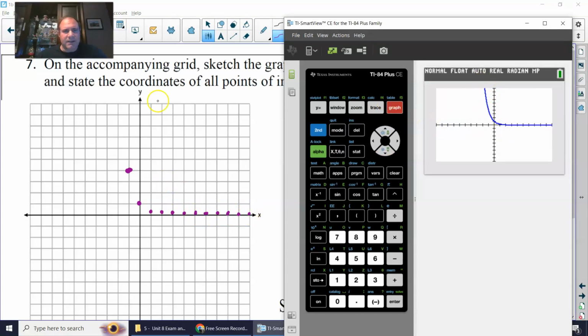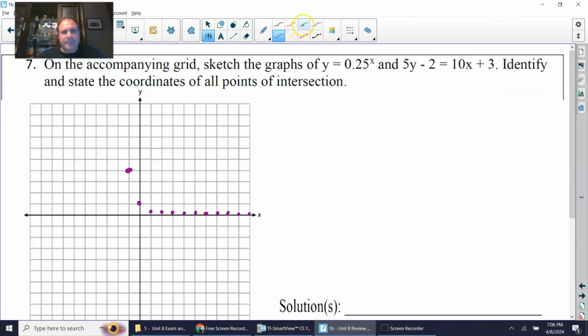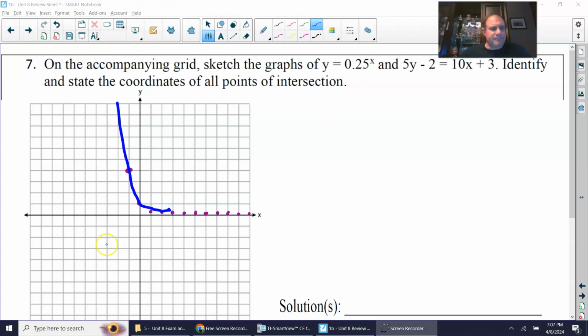See what I'm saying right there? So I'm going to go ahead and see if I can do that with blue and the best that I possibly can on this pad. That is not good. That's the best I can do with that.